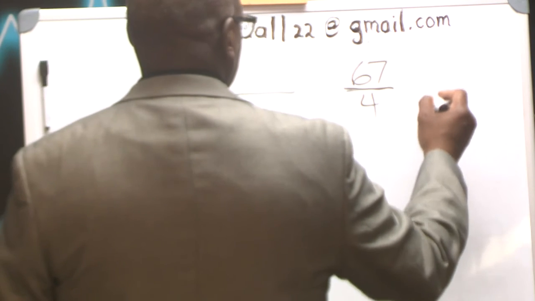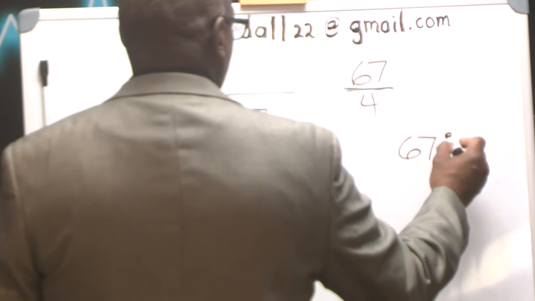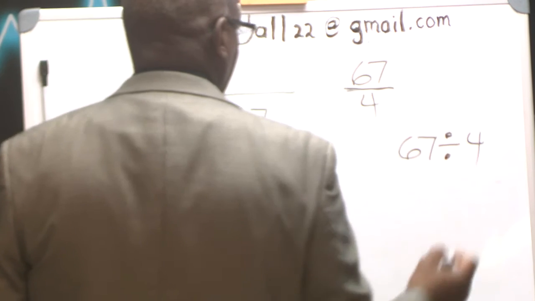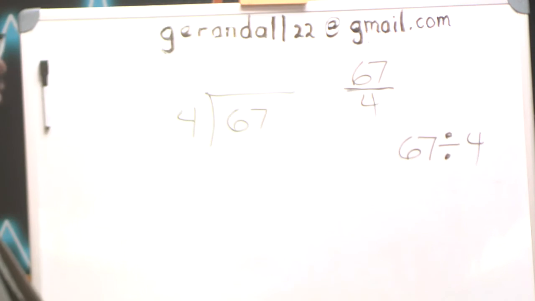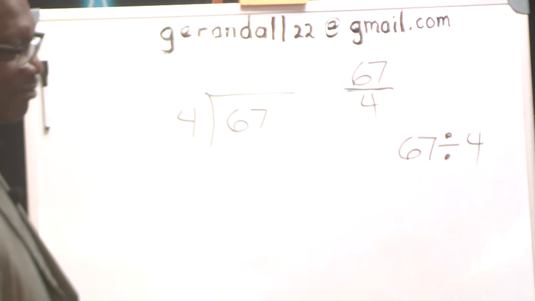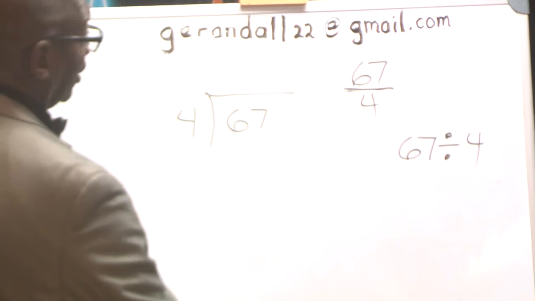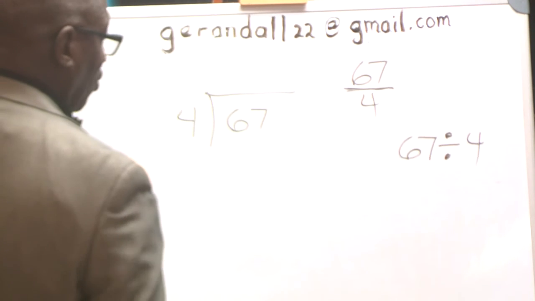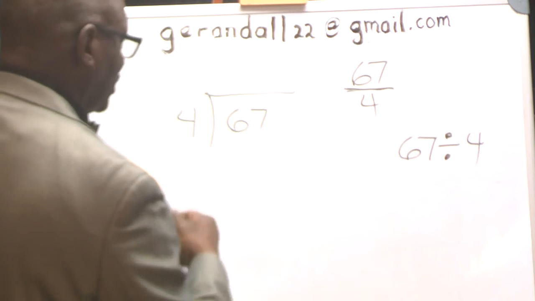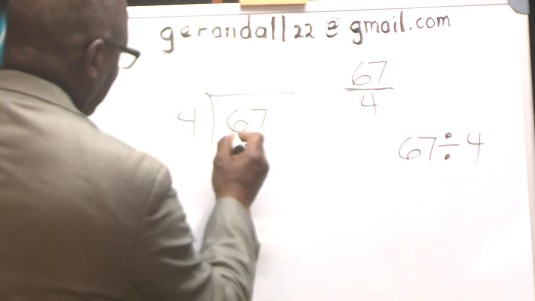It could be 67 divided by 4. And again, what it's asking you is how many 4s can we get out of 67? Okay? We could list a whole bunch of 4s and keep adding, but we have to do this quickly. So we look at the first number.